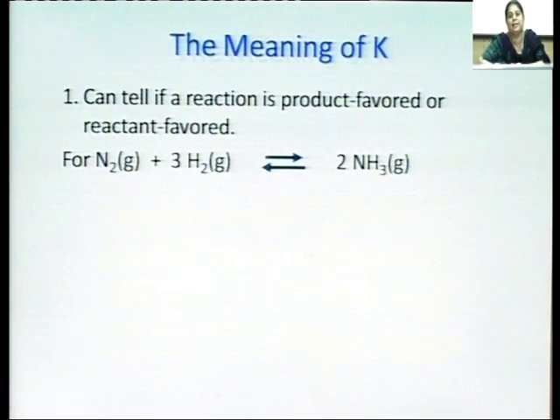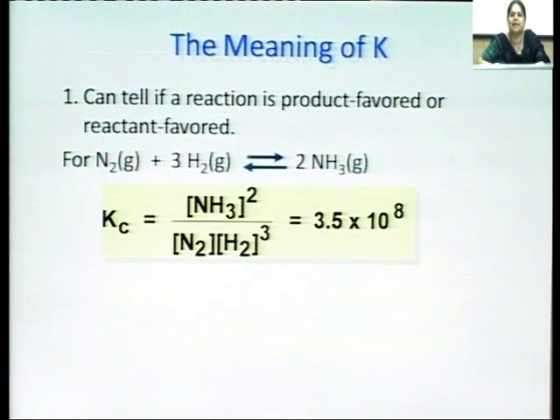Now, what is the meaning of K, the equilibrium constant? The equilibrium constant can tell us if a reaction is product favored or reactant favored. How does it happen? For example, consider the preparation of ammonia by Haber's process from nitrogen and hydrogen.